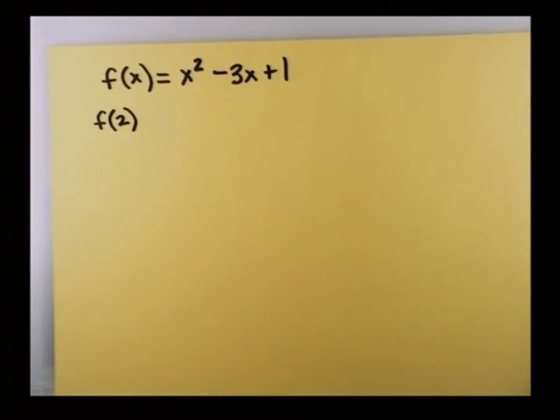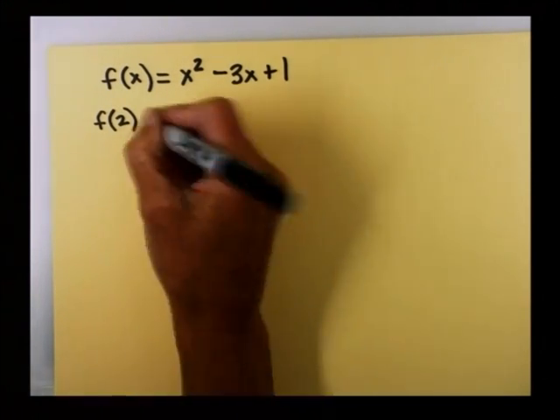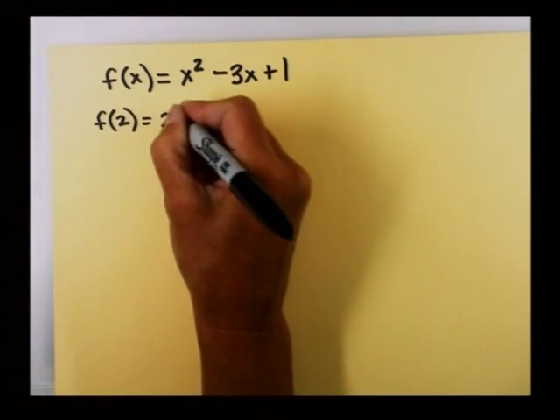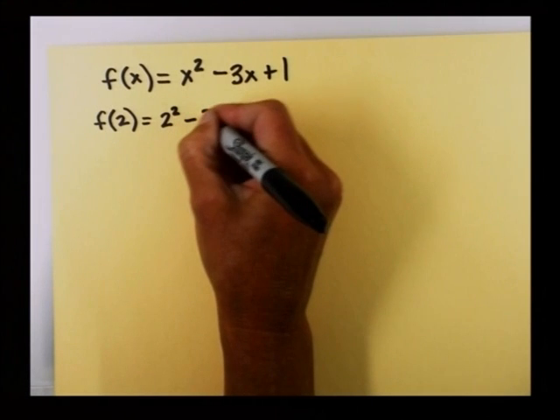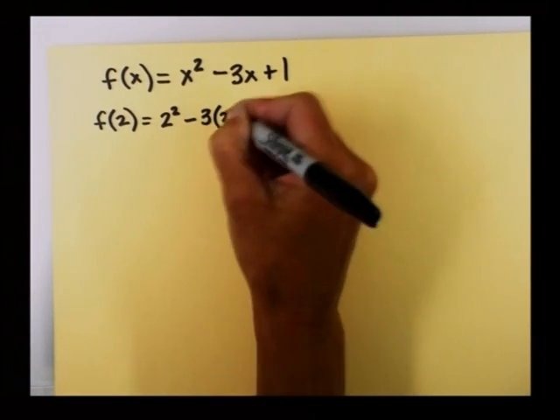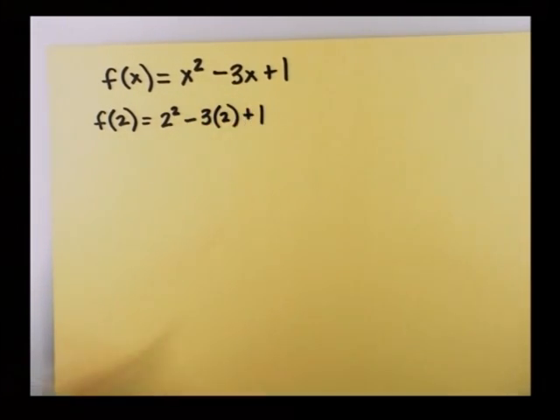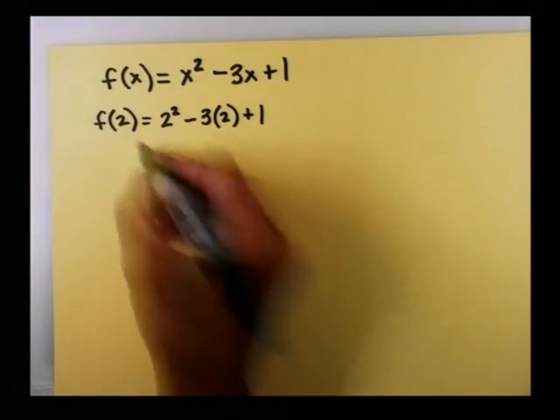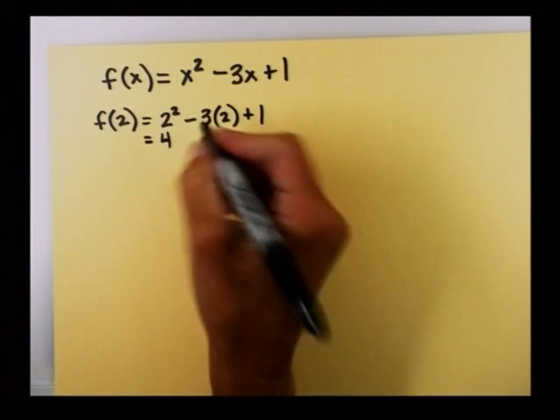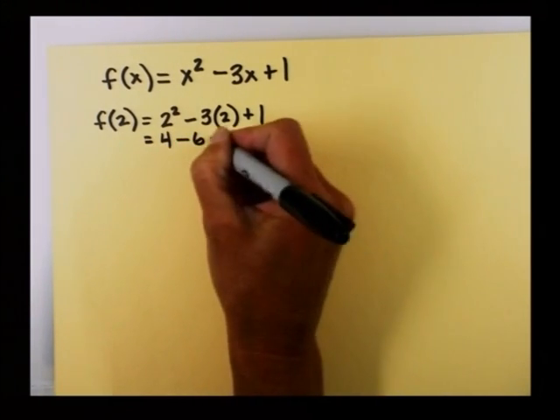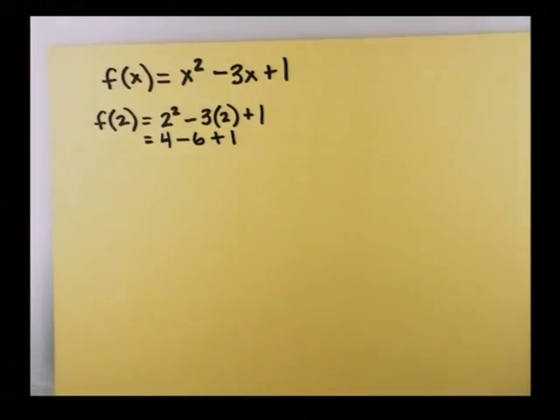So if we're asked to find f of 2, what that means is that we're taking the 2 and we're going to put it in place of the x. Wherever we see the x, we're going to plop in a 2. And then we evaluate our function from there, following all of our order of operation rules.